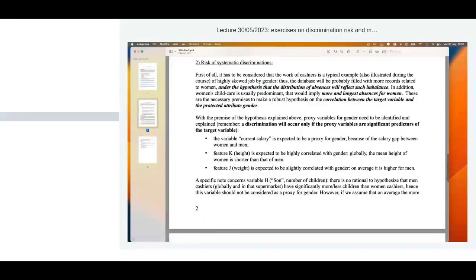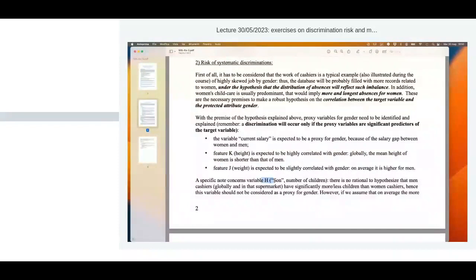Then I left a concern about the explanation about the variable age, number of children. There is no rationale to say that this variable is correlated with women or with men.